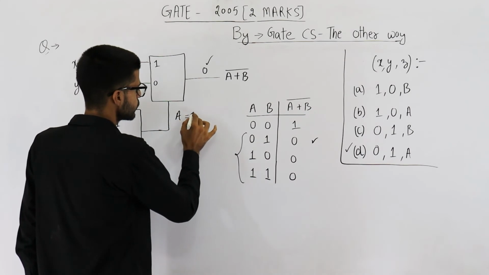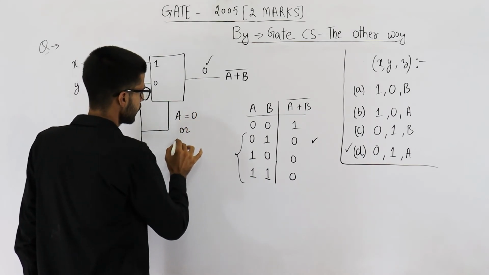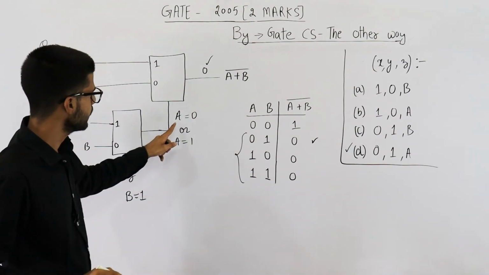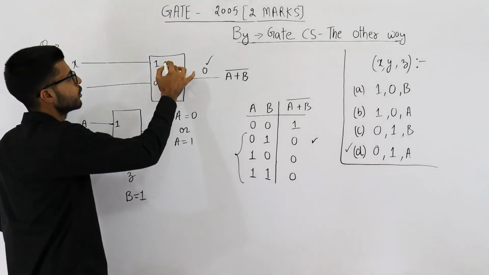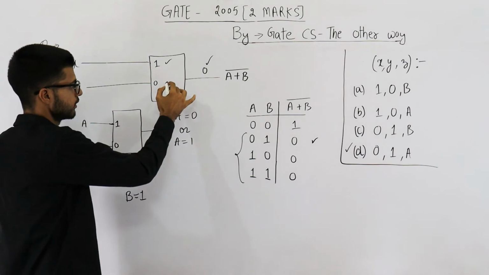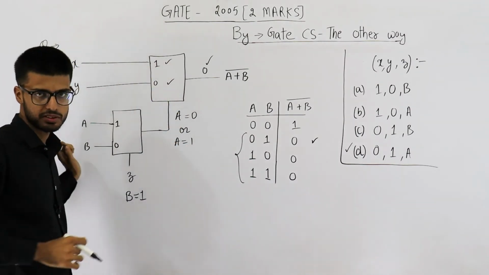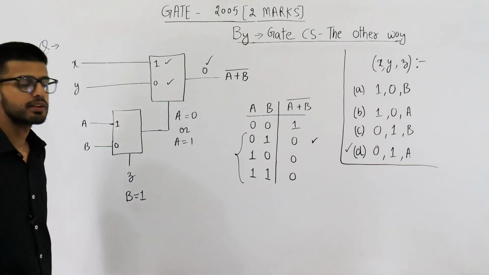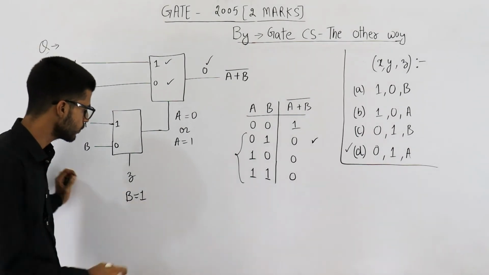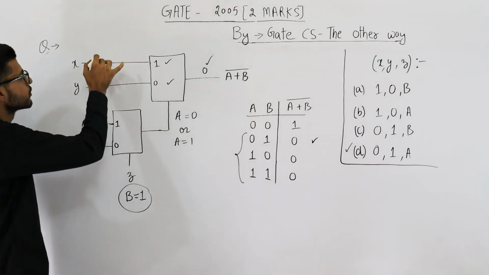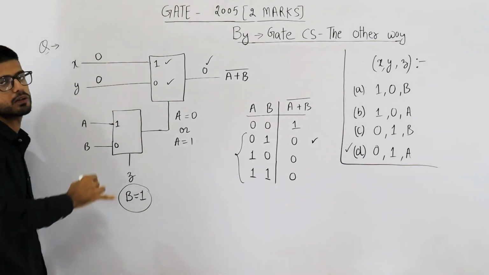A is equal to 0 or A is equal to 1. When A is 0, this one will be selected. When A is equal to 1, the upper input will be selected. But in both of the cases, because at least one input is 1, we want the output to be 0. So X will also be 0, Y will also be 0.